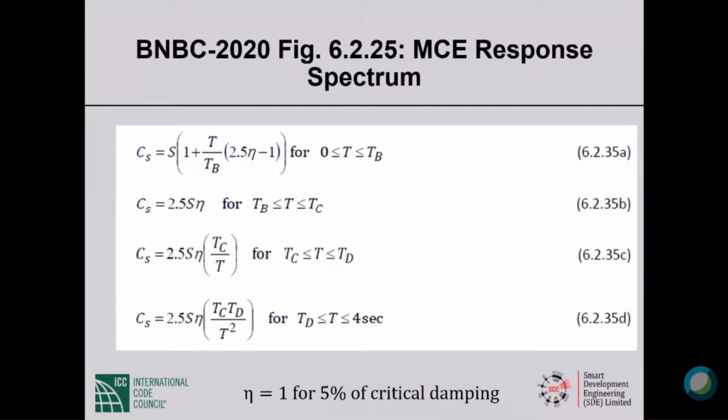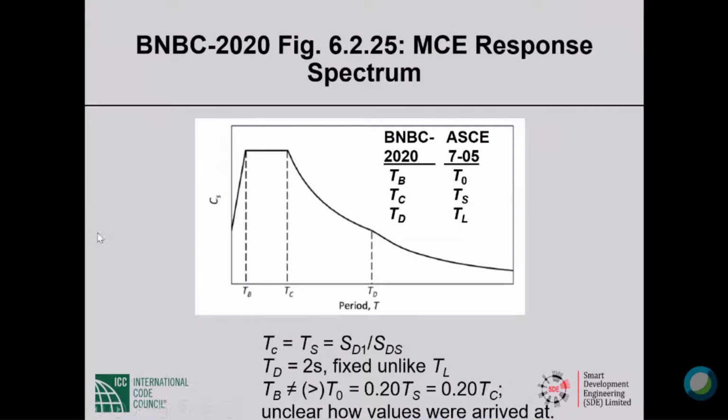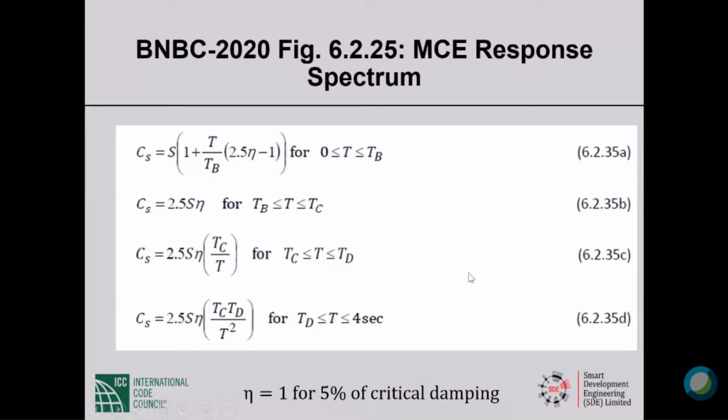Okay. The equations for these branches, this is not a branch. The equation for this ramp, the flat top, this branch and that branch are given in BNBC 2020. I have given you section numbers, equation numbers.